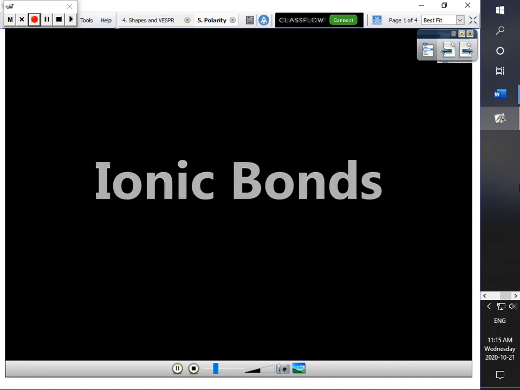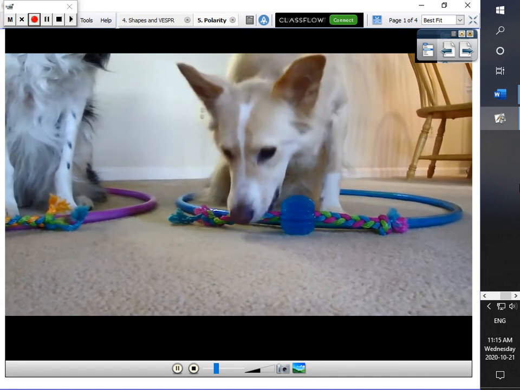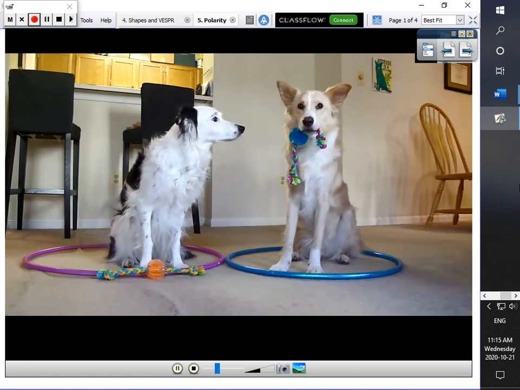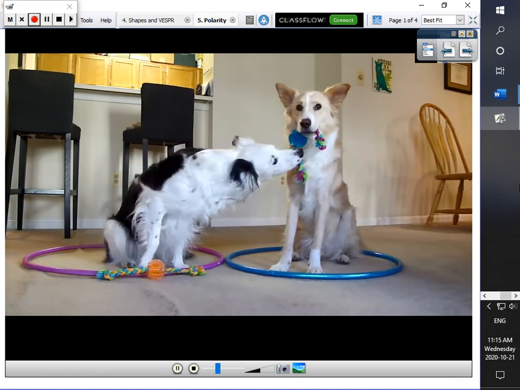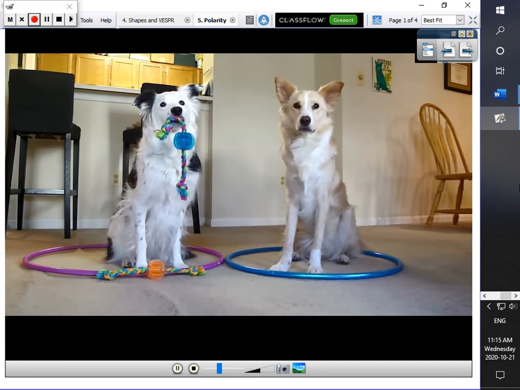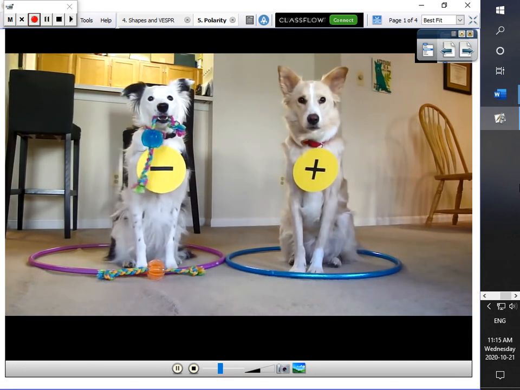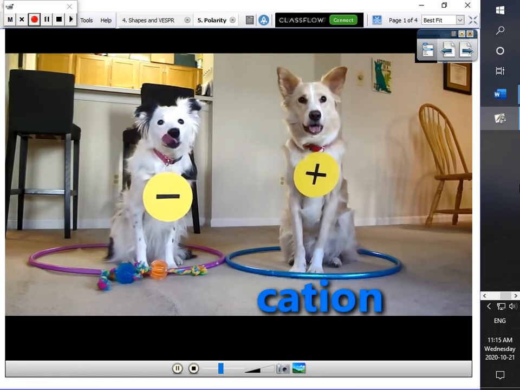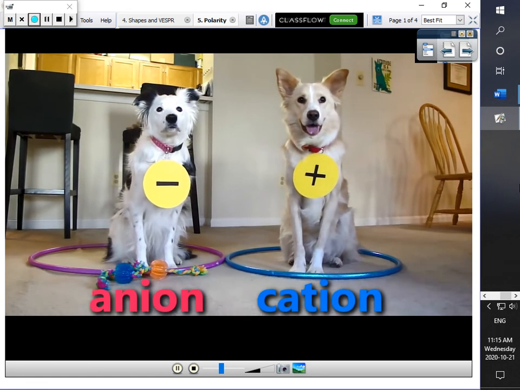Let's take a look at the types of chemical bonds that can be formed between atoms. An ionic bond is formed when one of the atoms engages an electron with the other atom. This results in a positively charged ion, called a cation, and a negatively charged ion, called an anion.